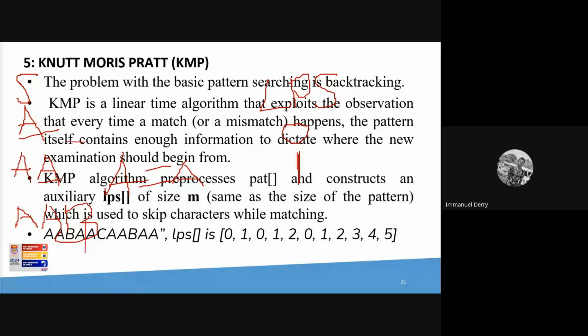Mind you, AA is the prefix and AB is the suffix, but there's no match between them. AA is not equal to AB, so this becomes 0.